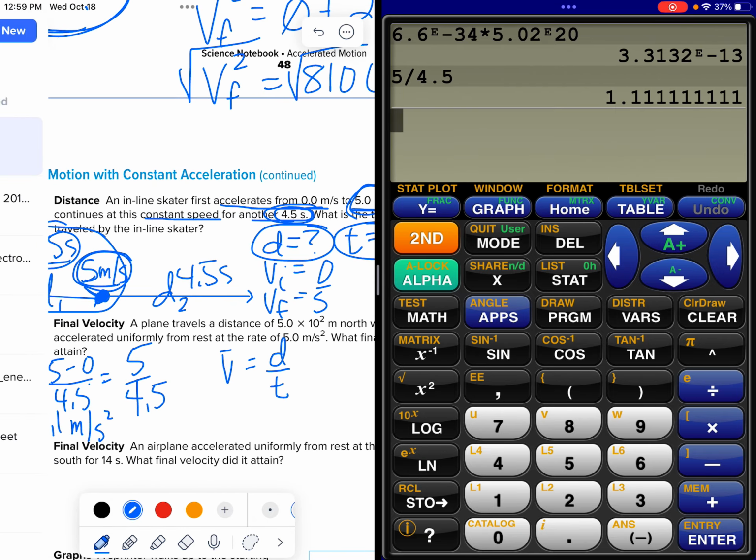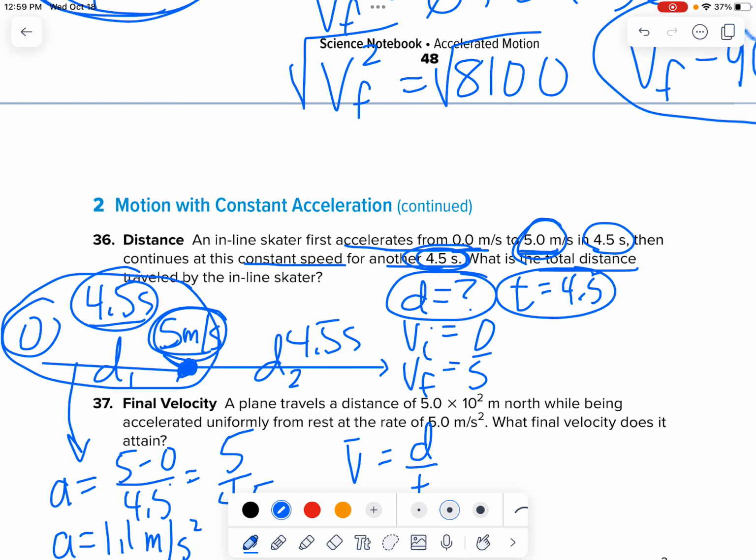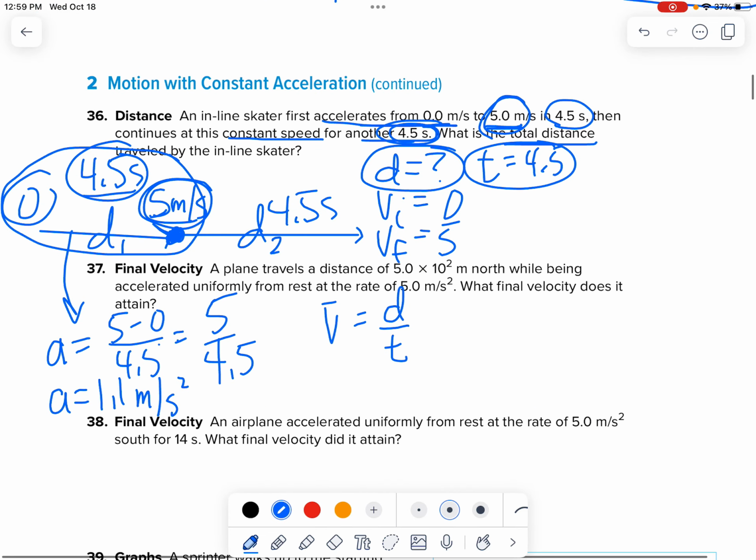If you have acceleration, now you could use that here to find the distance traveled during this first part. If you know the acceleration, the time, the initial velocity and the final velocity, we could find that distance.